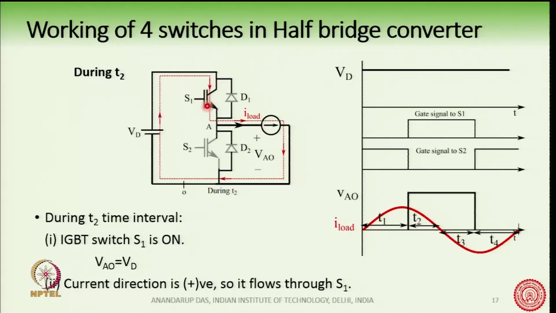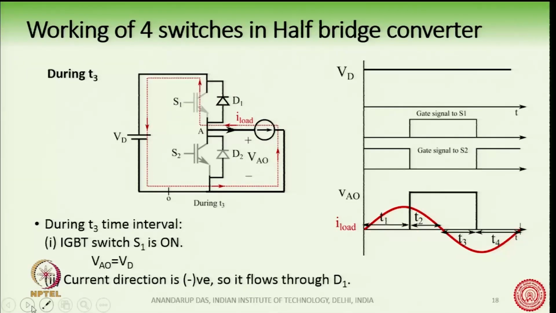So, it is flowing through the IGBT, through the current source and then through the voltage source, and the path is complete. So, during this time interval T2, because switch S1 is conducting, the voltage between point A and O will be equal to Vd.